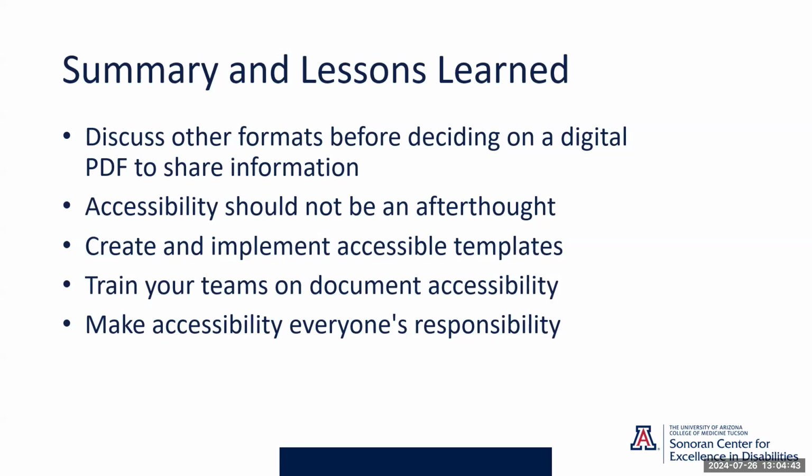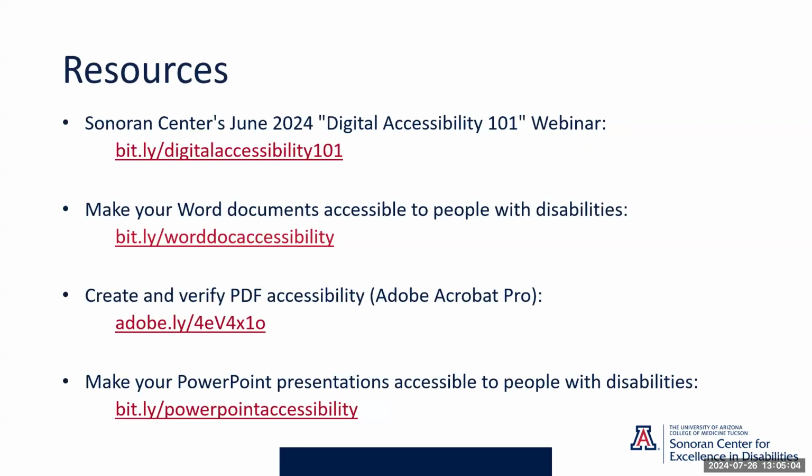You'll want to train your teams and make accessibility everyone's responsibility. Checking for digital accessibility can become as second nature as checking for typos in your writing. It's often more natural for the content creator to make their own work accessible than assigning someone else to do it after the fact. Here are some resources to take with you.